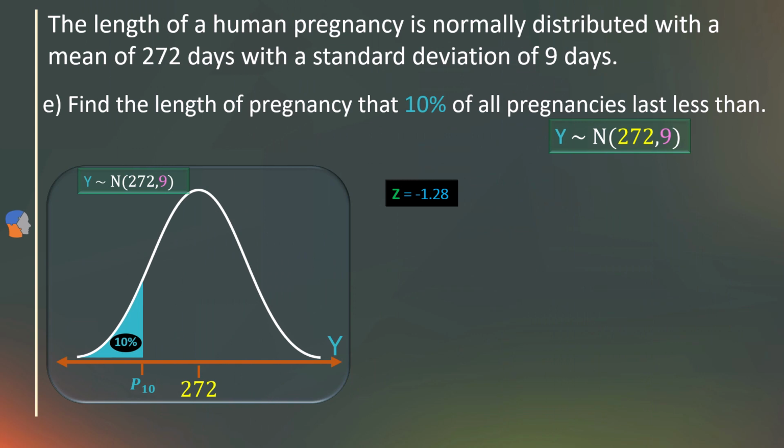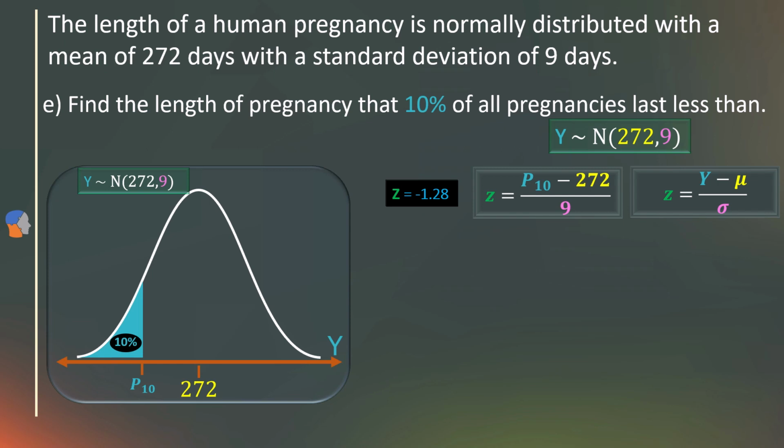Yes, we have the corresponding z value for the 10% from the table. Now we can convert P10 to the z value using the formula (y minus mu) over sigma. So here y is P10. So the z value of P10 is P10 minus 272 divided by 9.